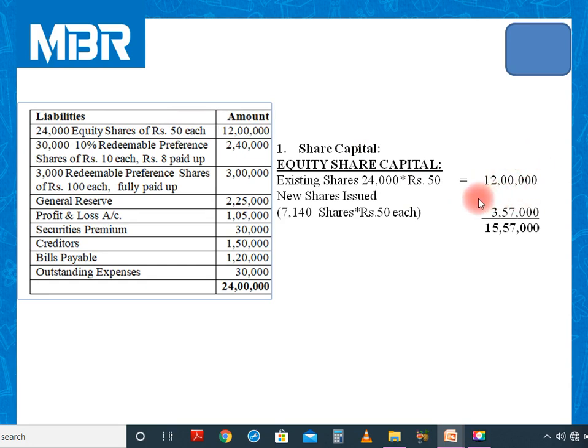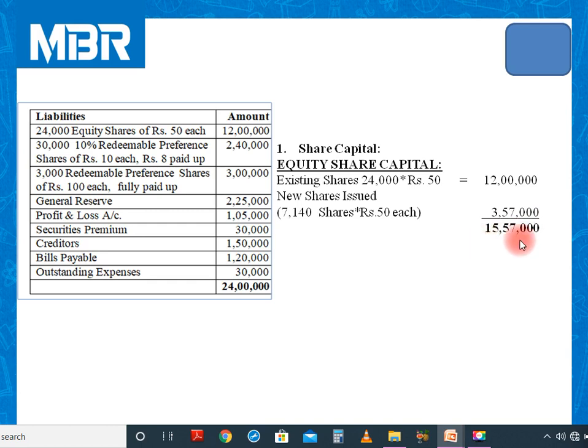During the process of RPS redemption, the company has issued new equity shares of rupees 50 each, and the number of shares was 7,140. So total amount collected by the company using new issue is rupees 3,57,000.